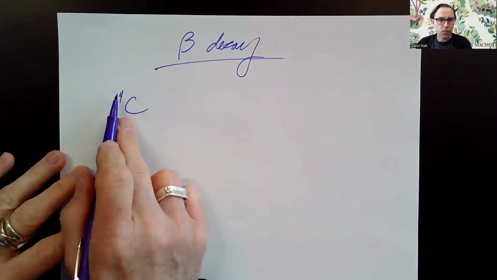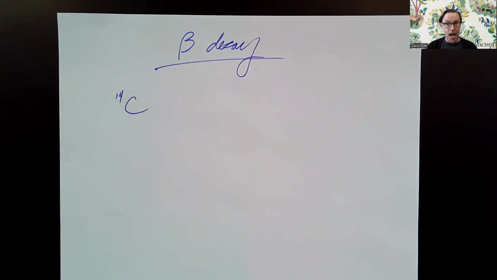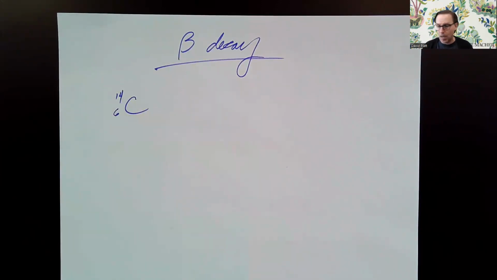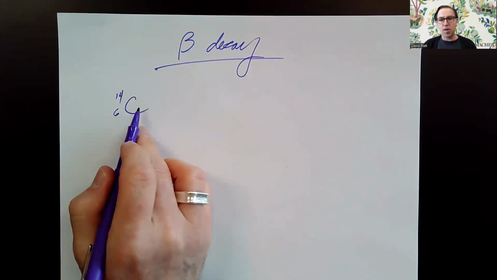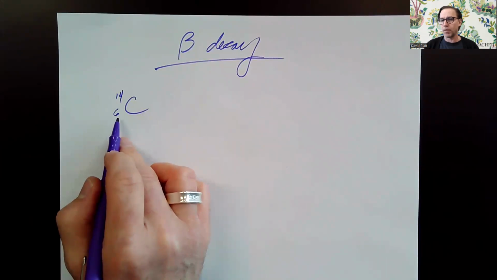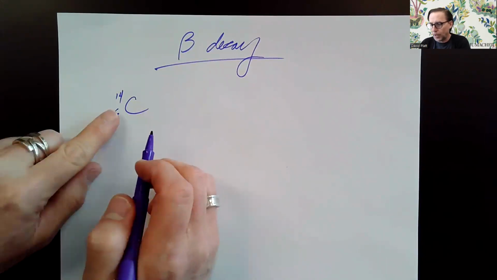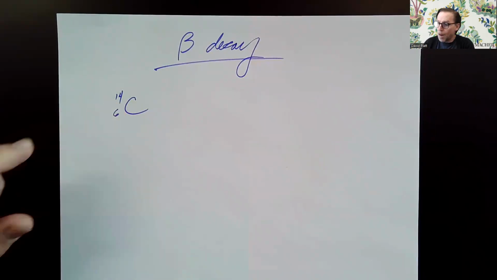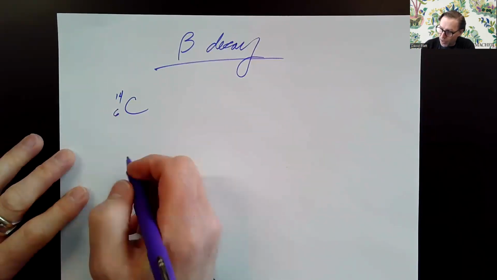Now, sometimes we say carbon-14 and we write it like that. And I can put the 6 here. The 6 is optional because to be carbon is to have 6 protons. So the 6 really is redundant. Either way, it's carbon-14. What does a carbon nucleus have?